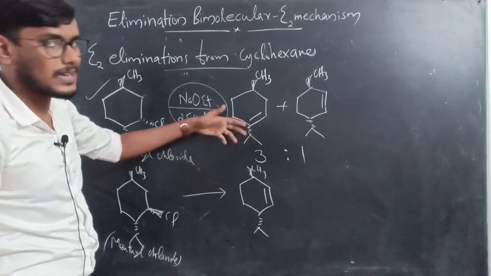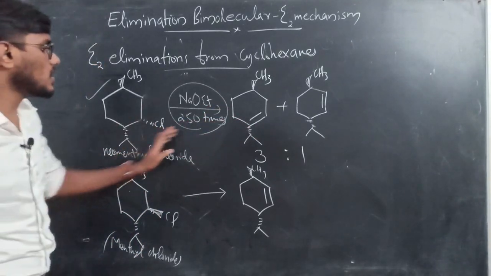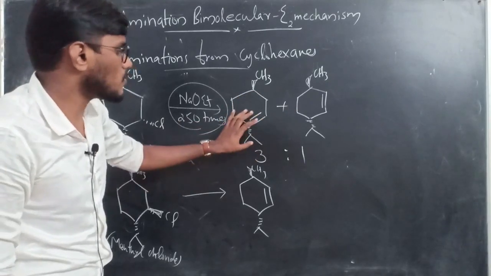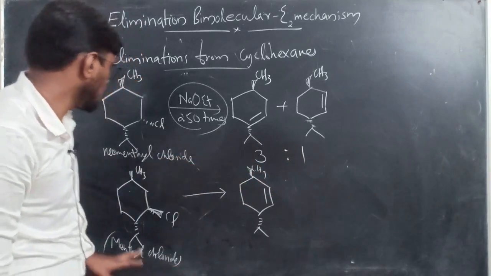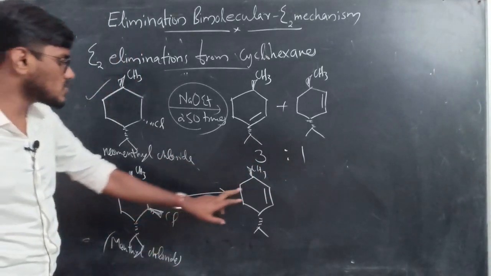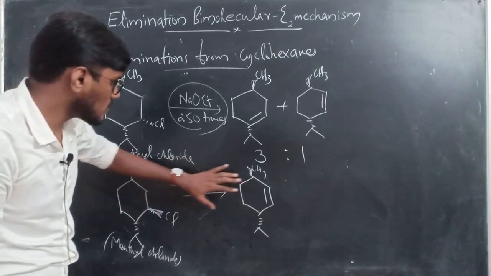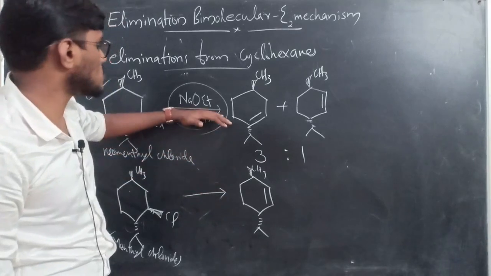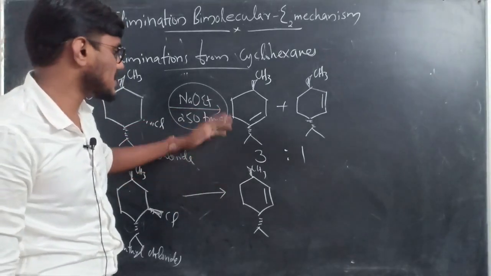We are going to explain why this happens. Neomenthyl chloride gives two products, the most substituted alkene and the less substituted alkene in the ratio 3:1, and here menthyl chloride gives only one product, and this reaction is much slower, about 250 times slower than this one. Why does this happen? We are going to check.